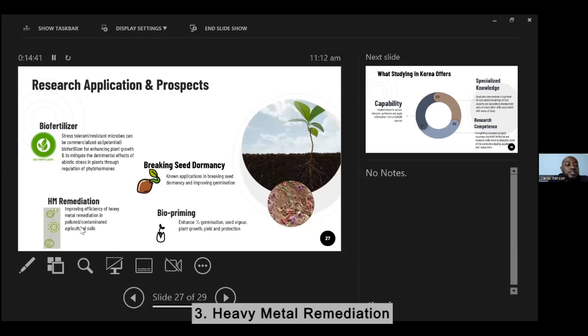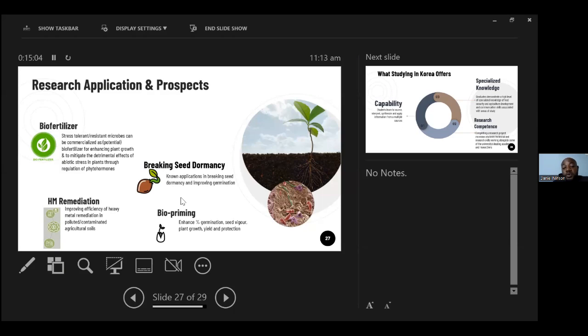There's a possibility that we could use some of these microbe-stimulant interactions to remediate some of these soils, removing the heavy metals and making them safer for subsequent production, or dislodging these heavy metals and still making those lands productive.